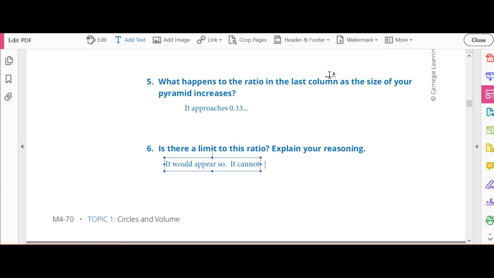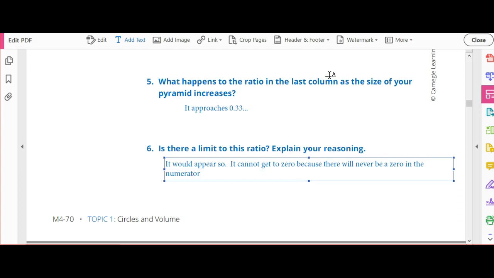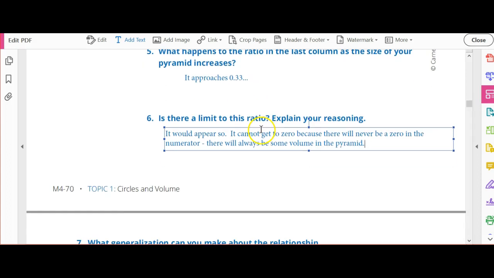It cannot get to 0, because there will never be a 0 in the numerator. That's the number on top of the fraction. There will always be some volume in the pyramid. It cannot reach 0. So there has to be a limit, right?